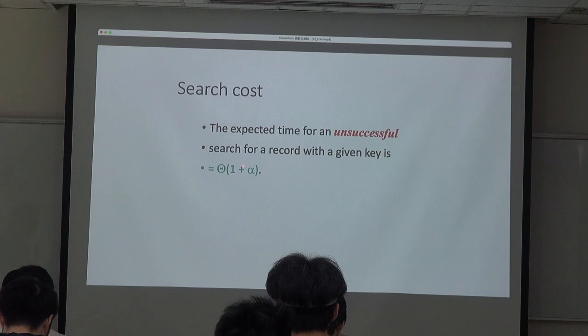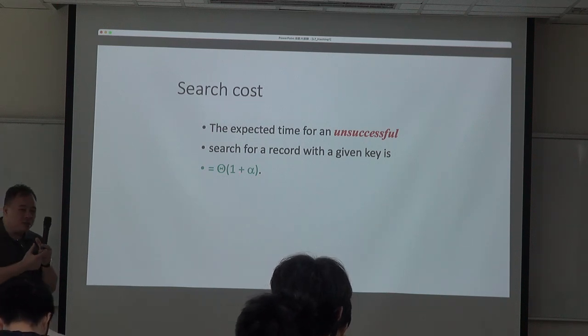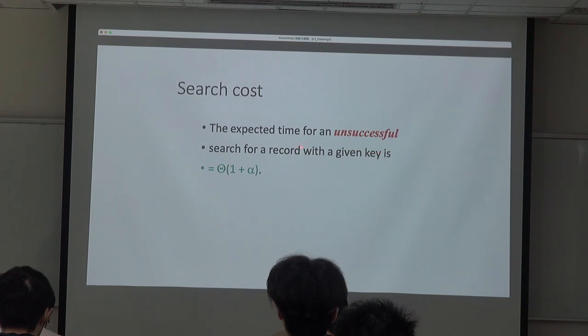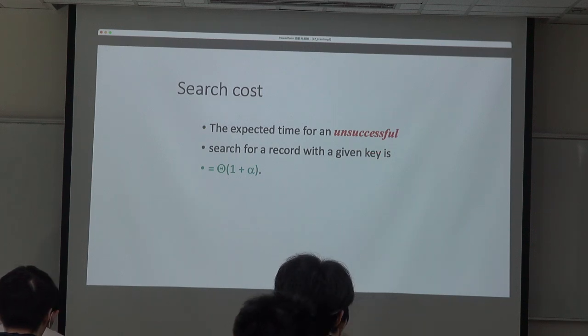Because you need 1 to map to that particular location, and because alpha is the average length of your linked list, right? So you need to traverse the whole list in order to make sure this is an unsuccessful search. Okay, so it's 1 plus alpha.